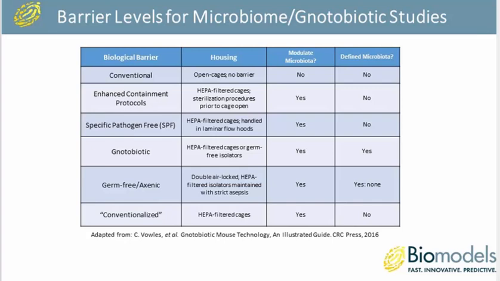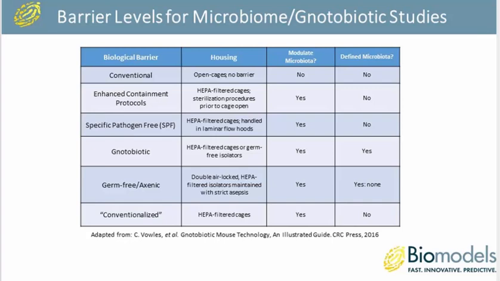This is just a quick slide to show a bit of the barrier levels to keep the microbiome controlled. With conventional barriers, you're going to have cages that have no barrier, or enhanced containment protocols, which we use at Biomodels, where the animals are kept in HEPA-filtered cages. However, the cages might be open and exposed to the facility microbiome.